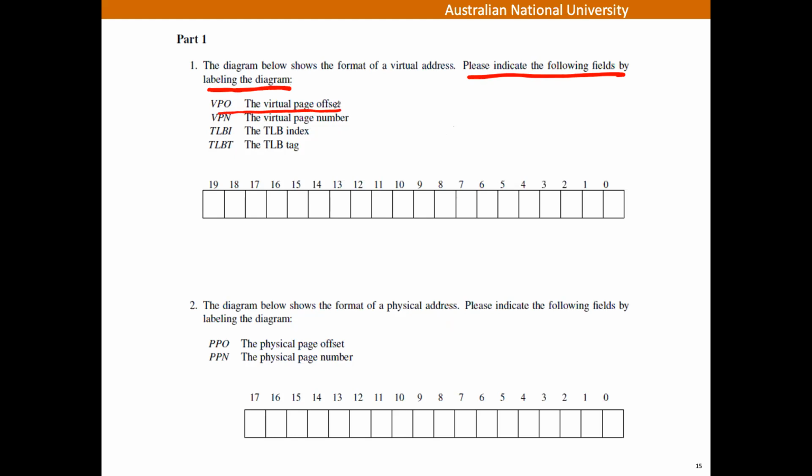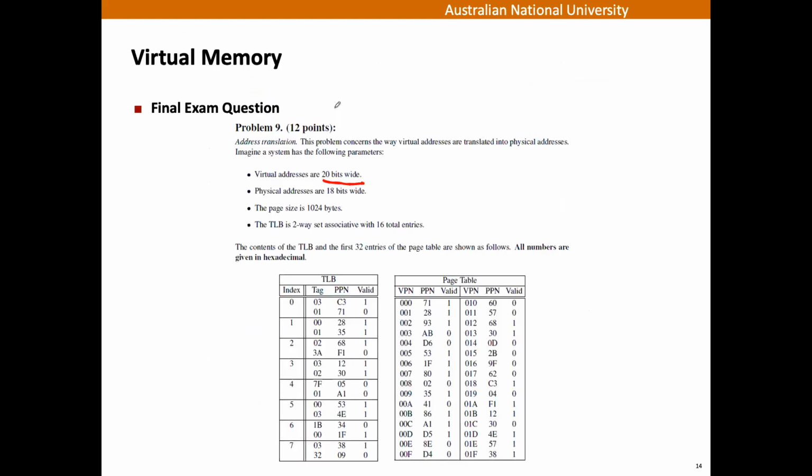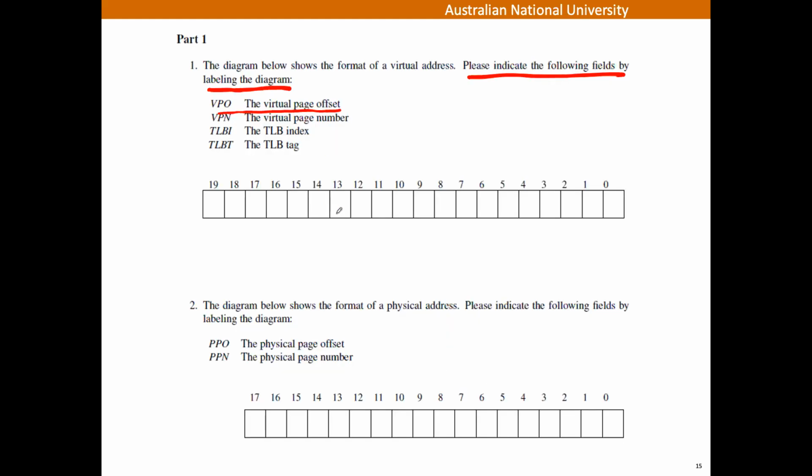Virtual page offset is just like the line offset or the block offset in a cache. How many bits do you need to access or index any byte inside the page? So how big is the page size? 1 kilobyte. So how many bits do you need for the virtual page offset? 10 bits for the virtual page offset.